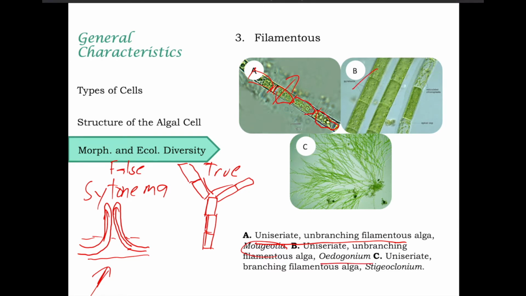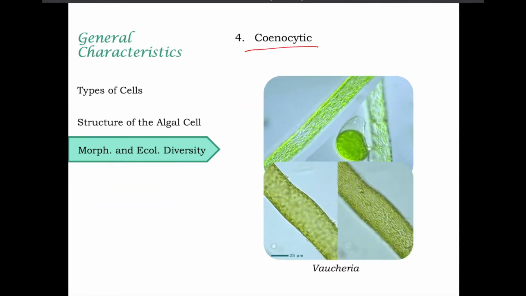Like in your Mougeotia, your Oedogonium is also unbranching and thus forms long thread-like filamentous cells. But in the case of your Hygrocladium right here, it forms single uniseriate branches.